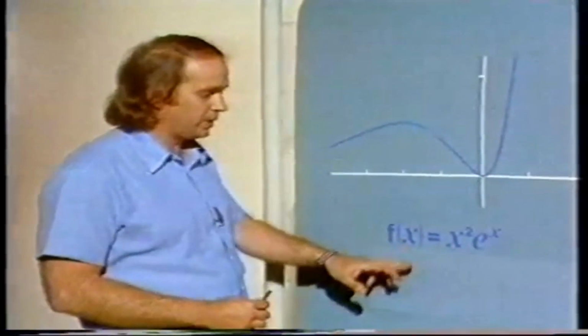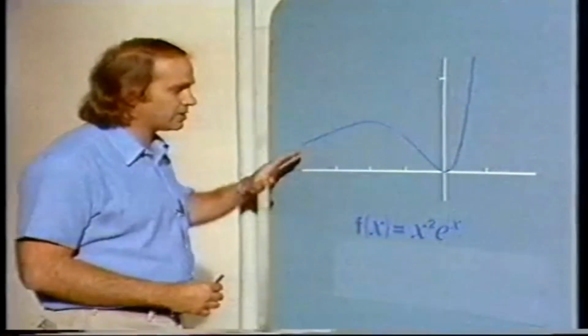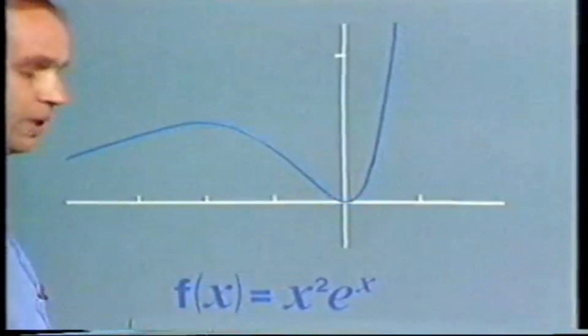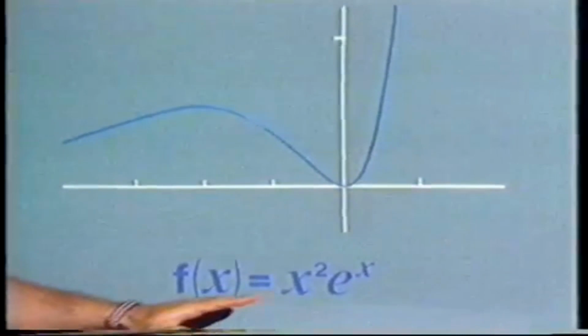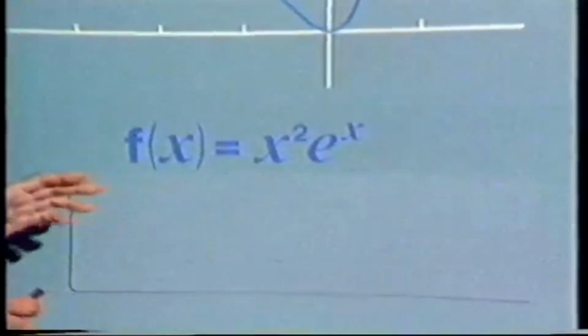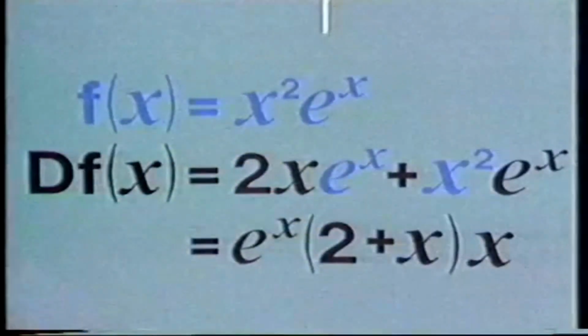Well, when you're looking at the proof of a general result, it often helps to look at a specific example, such as this one, the function x squared times e to the x. You see, this function has a suitably complicated graph, and also we know how to differentiate it. Now, you can probably do that yourselves, but if you can't, you'll find the details in the unit. And the derived function turns out to be this.